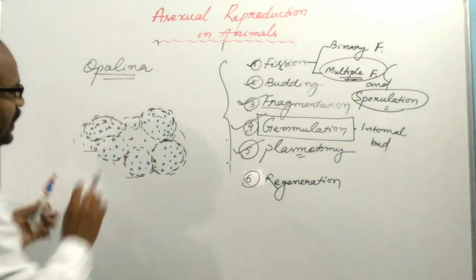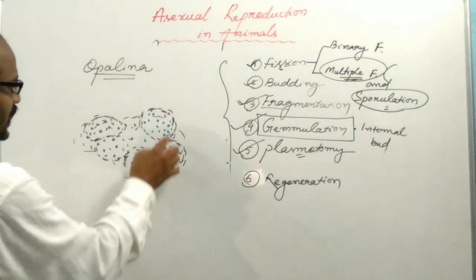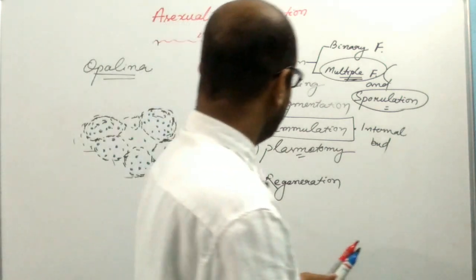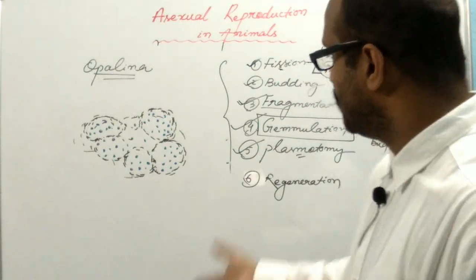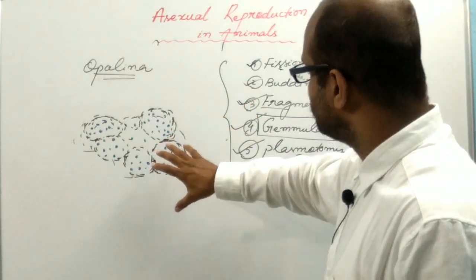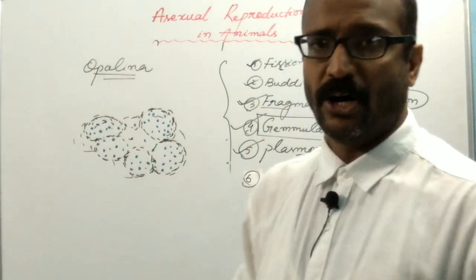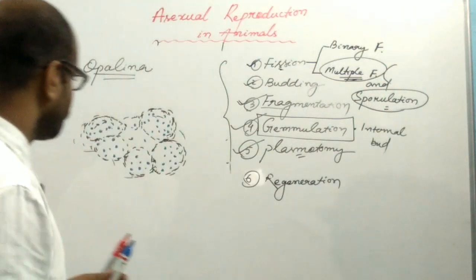Now such Opalina divides into a number of daughter Opalina. This process is known as plasmotomy. Here, the cytoplasm divides independently prior to the division of nucleus.